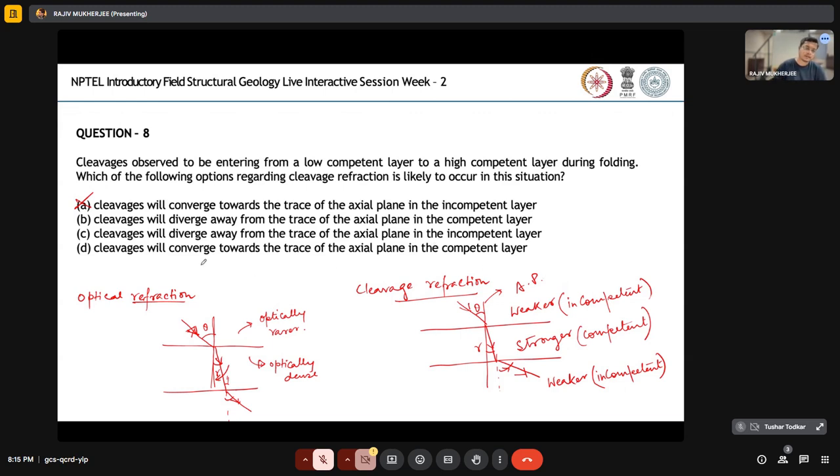This is also not correct. Option C, cleavages will diverge away from the trace of the axial plane in the incompetent layer. Yes, this is correct, as we can see that it is diverging away. Option D, cleavages will converge towards the trace of the axial plane in the competent layer. Yes, it is also correct. So options C and D are the correct answers.